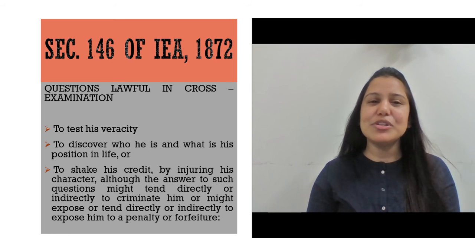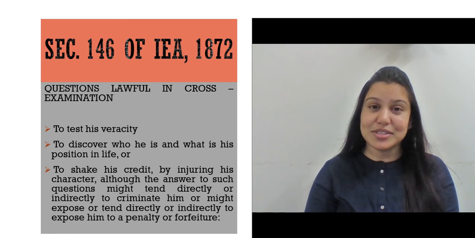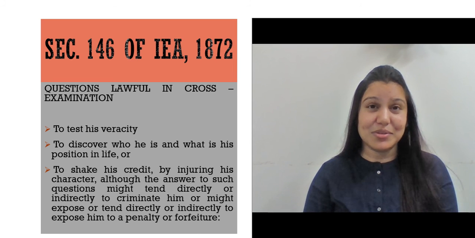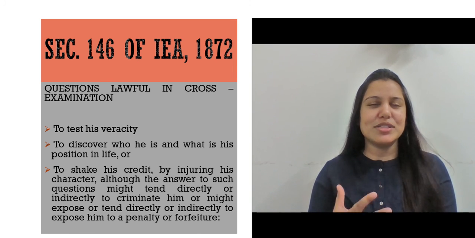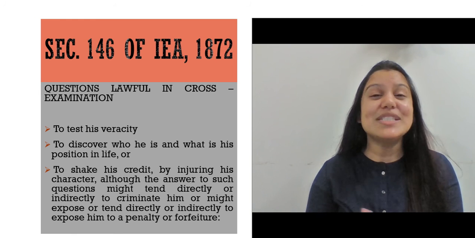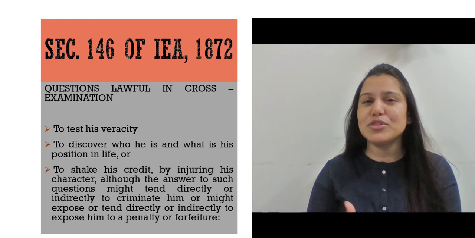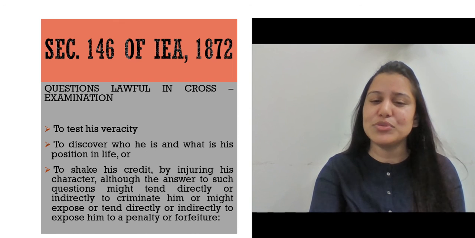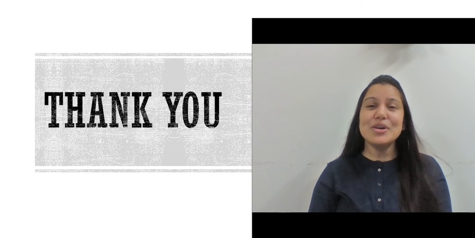So in the cross-examination, you can even ask such questions, and to shake his credit by injuring his character, right? You can ask even such questions which may shake his credit. Once the person is being provoked, the person tends to speak the truth. You must have seen that once a person is generally being provoked, that person tends to speak the truth. So these are the kind of questions which can be asked in the cross-examination.